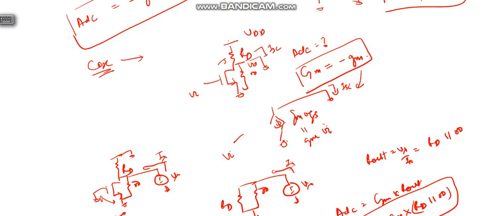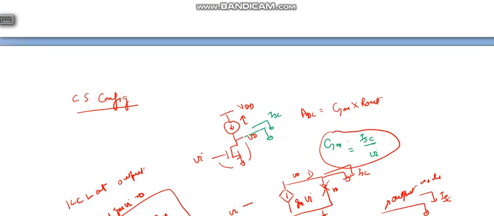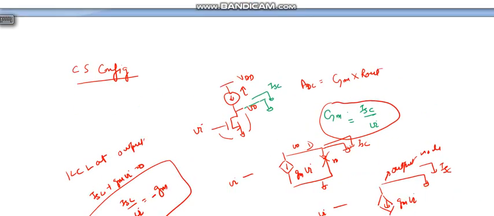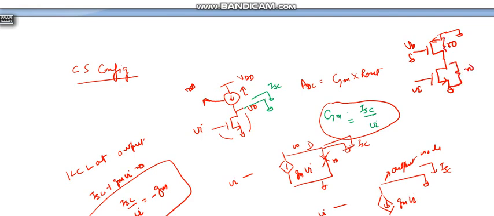Now suppose this current source has a resistance, say ro, as in a current mirror where this is PMOS and this is NMOS, with some bias VB. At small signal ground, this is ground, this is Vi, and this is also ro, here also ro.